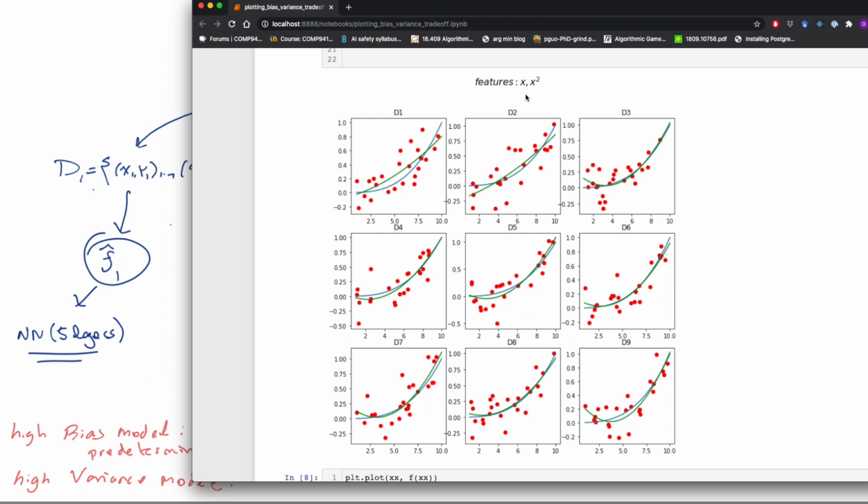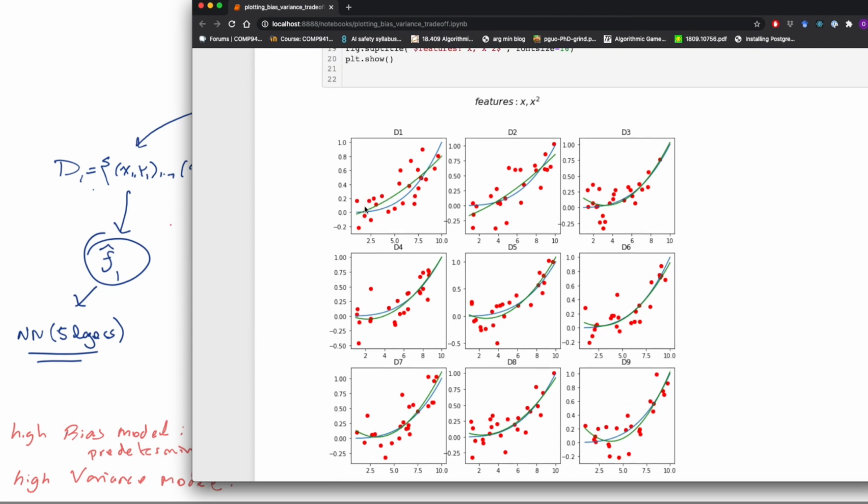The quadratic function is able to get the curvature. But the problem is there's noise in the sample. So as you get more complexity in your model, it can try to fit the noise in the data.